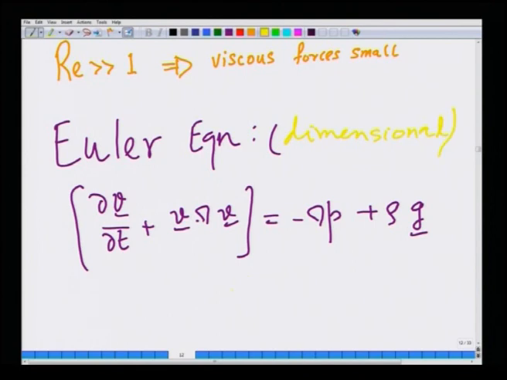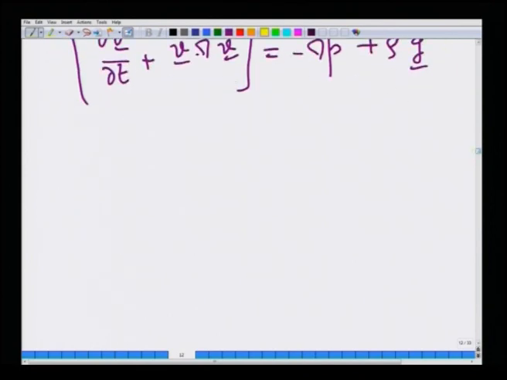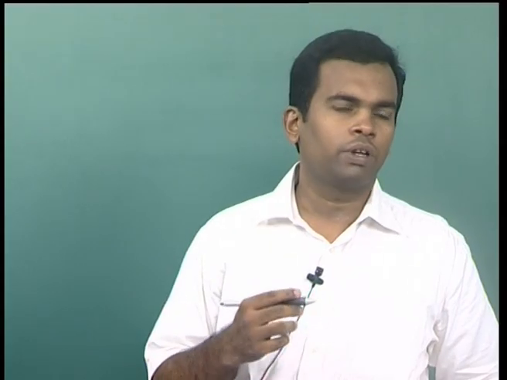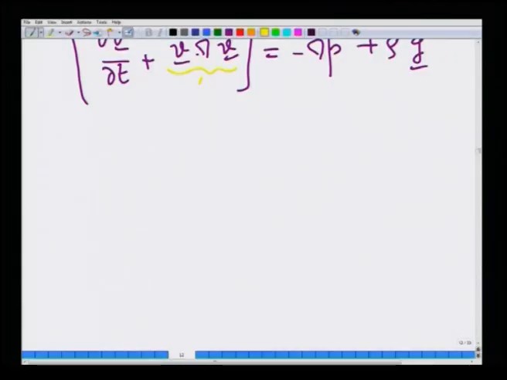Okay. Now, once you had the Euler equation, in the last lecture we proceeded further, and what we did was to rewrite this term V dot del V as del of half V dot V plus del cross V cross V, and del cross V was omega.